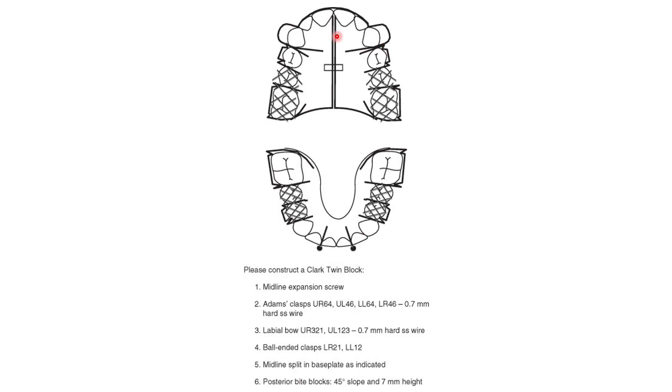So sometimes orthodontists will use ball-ended clasps to replace the labial bow. Otherwise, this is the design, and we can see that the bite blocks are drawn like this. Don't forget to write the components properly, at which teeth, and the size of the wire.